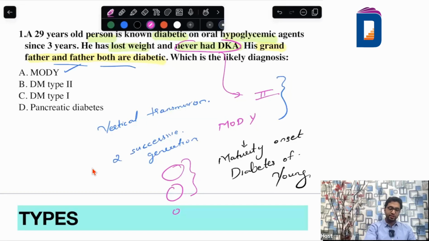So here, how many generations have it? In this question, his grandfather and father both are diabetic. How many people have it? How many generations have it? So easy, just type. Come on.